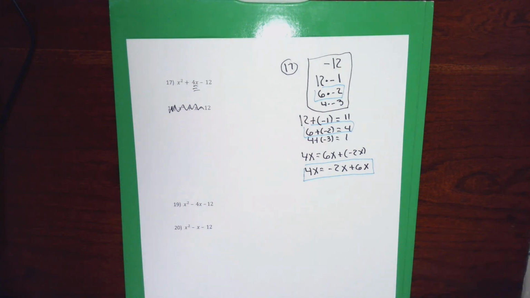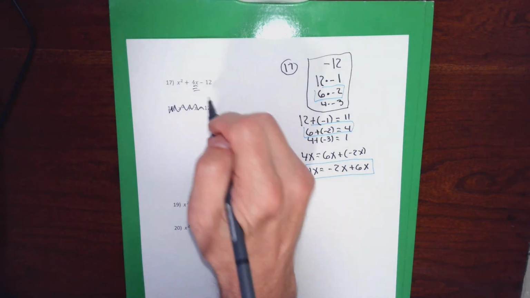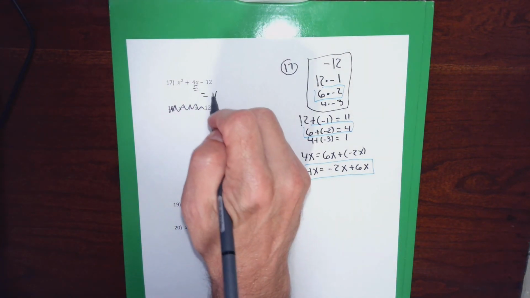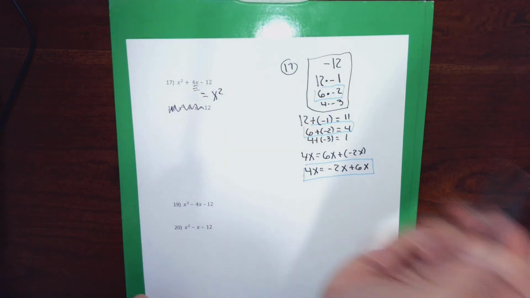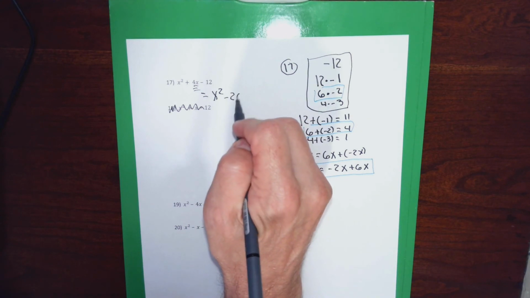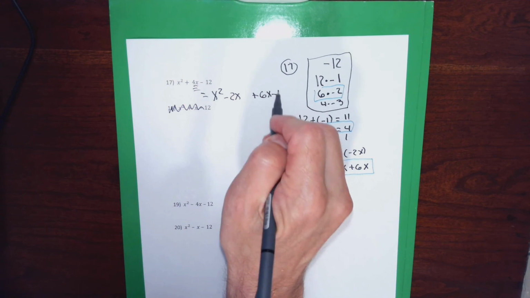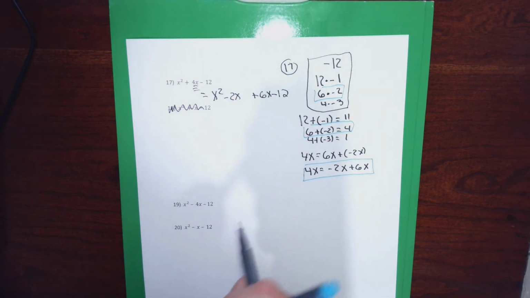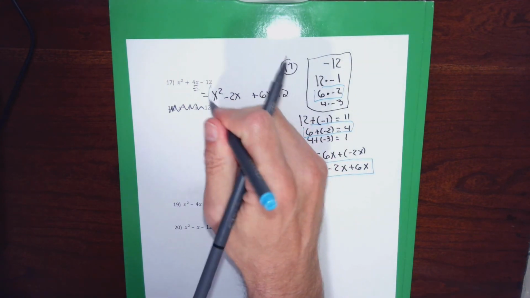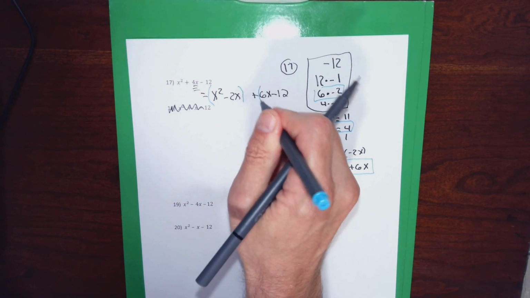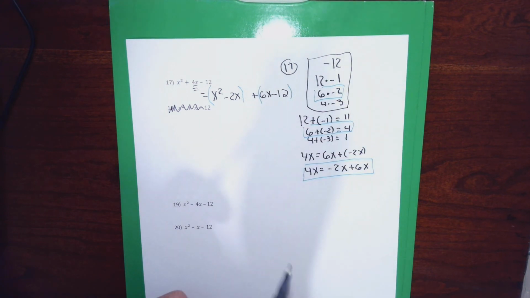This is all side work to help me decide how to rewrite the problem using 4 terms. So I'm going to rewrite this problem as x squared minus 2x plus 6x minus 12 and group. First 2 terms in a parentheses, second 2 terms in a parentheses.